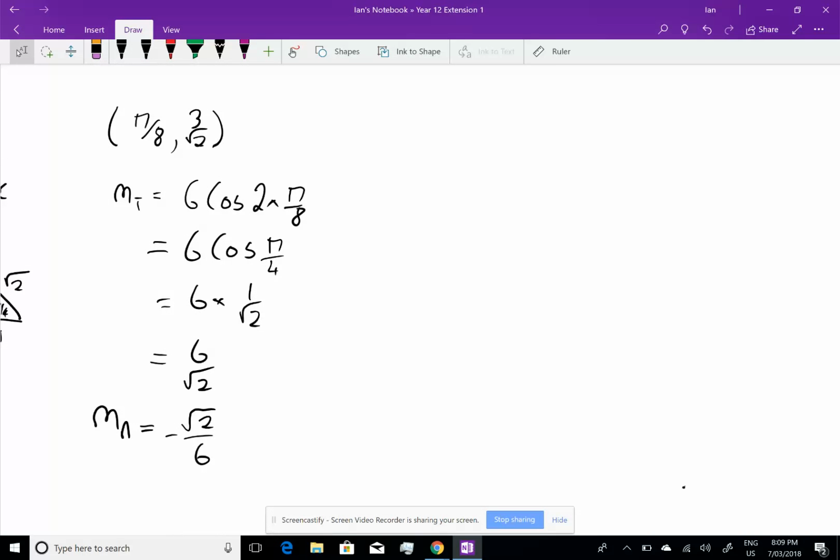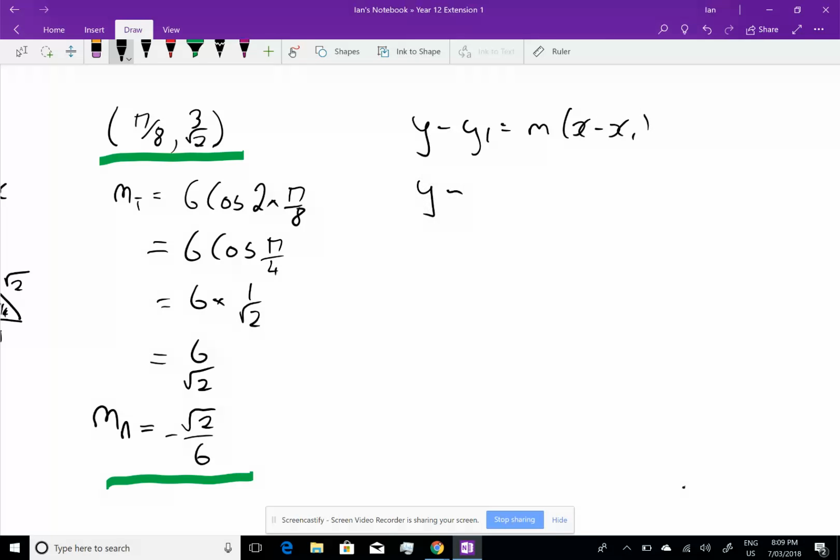Well, now I have these two things. I have the point and the gradient. I just use this, y minus y1 equals m outside of x minus x1. So I get y minus 3 on root 2 equals minus root 2 on 6 x minus pi on 8.